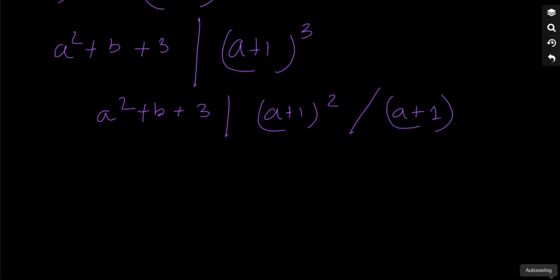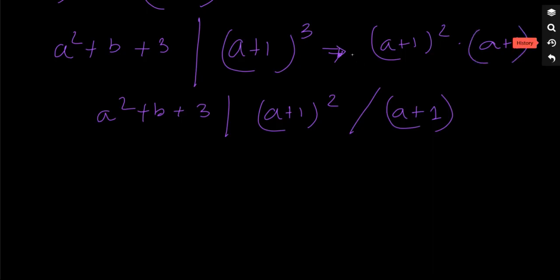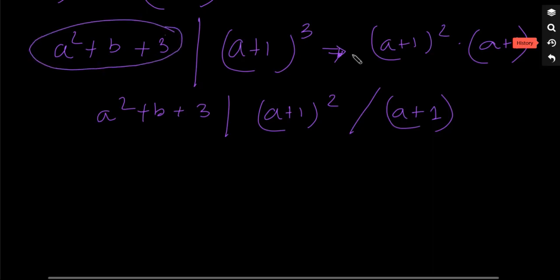You might wonder why this is happening, because this is actually simple. I'm just going to elaborate this thing, (a+1) whole square into (a+1). The question statement said that this term cannot be divisible by the cube of any prime.